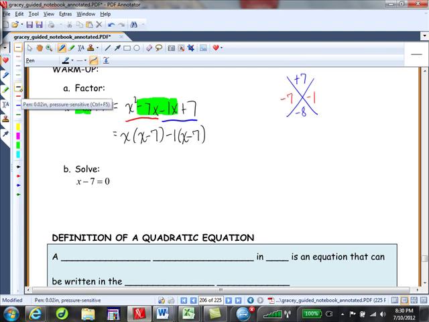So this was the result of the red group here, and the result of the blue group here. Now we did come up with a common binomial factor of x minus 7. So to complete the factorization, we have x minus 7 times x minus 1.